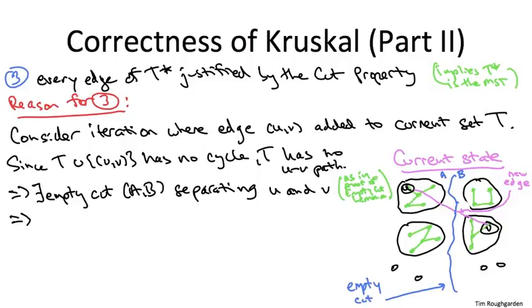There's no way that that first edge considered can create a cycle with respect to the edges already chosen, so it's not going to trigger the exclusion criterion in Kruskal's algorithm, and that edge is going to get picked. So what's the significance of being the first edge crossing a cut? Well, because of the greedy criterion, because Kruskal considers edges from cheapest to most expensive, the first edge it encounters crossing a cut is also necessarily the cheapest edge that's crossing the cut.